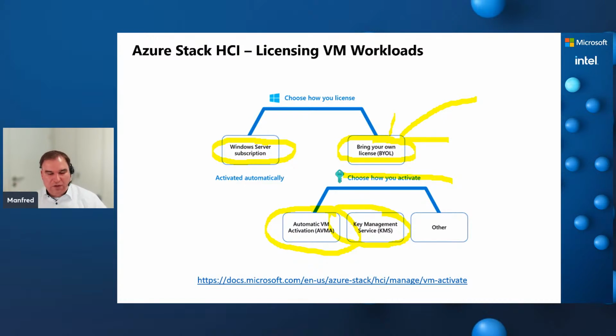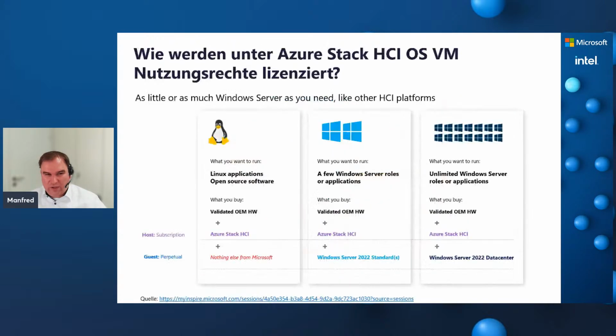And this is also possible in combination with Azure Stack HCI. But what is not possible is to run Windows Server workload on Azure Stack HCI without any additional Windows Server licenses. It would be possible to run Azure Stack HCI only if you only have Linux workloads, but we are talking about migrating Windows Server VMs to Azure Stack HCI.